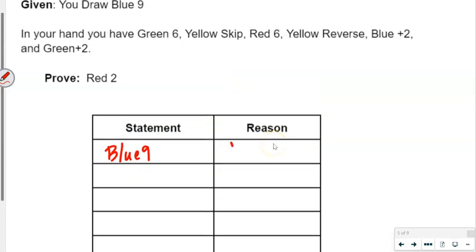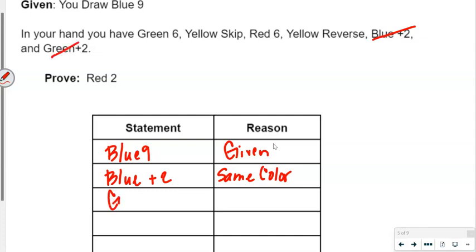Obviously the blue 9 was given. Now let's see if we have any other cards that are either 9 or blue. It looks to me like we have a blue plus 2, so we're going to put the blue plus 2 here because it's the same color. Then it looks to me like the only other card I could go with is the green plus 2.